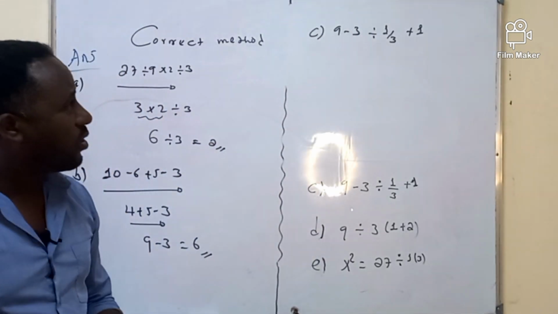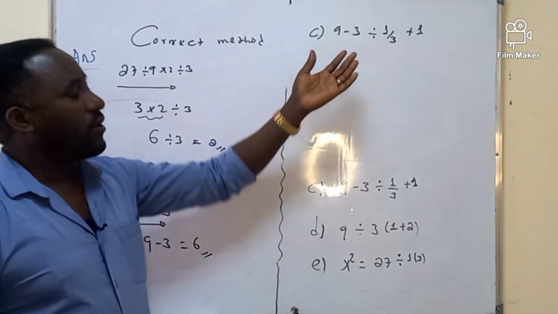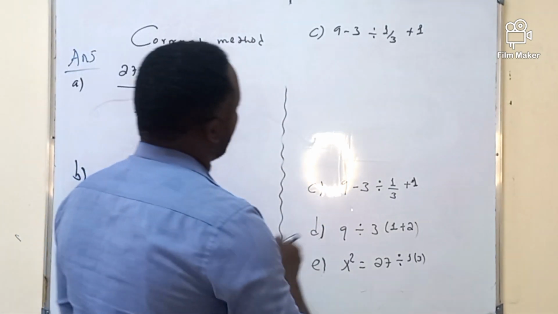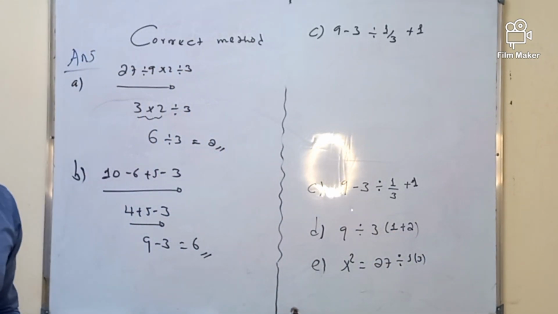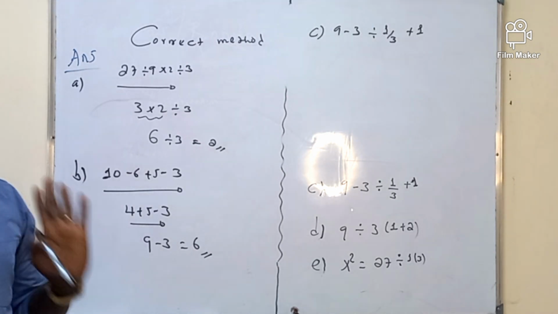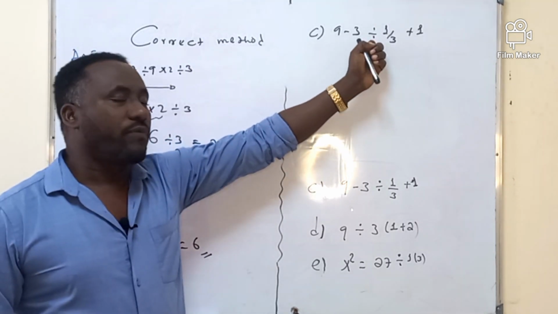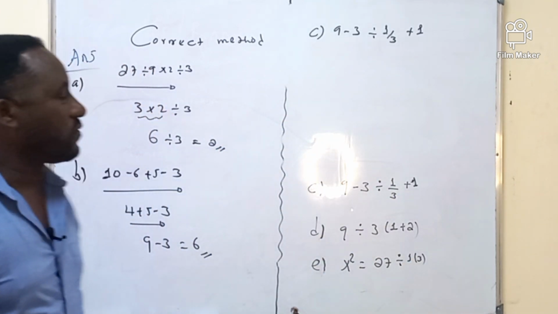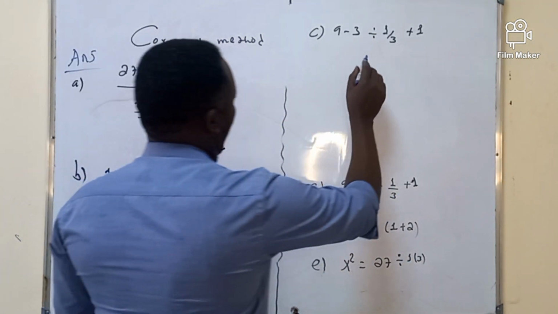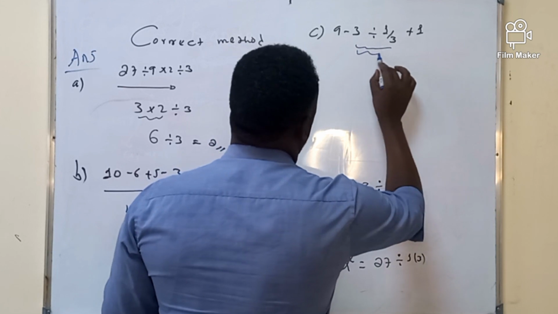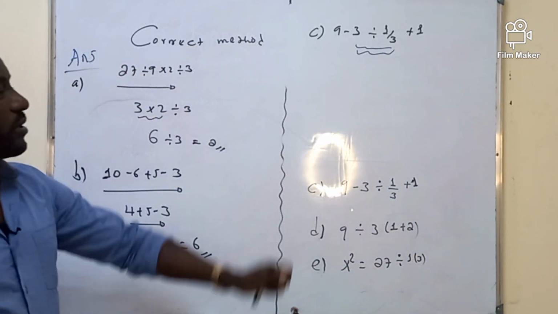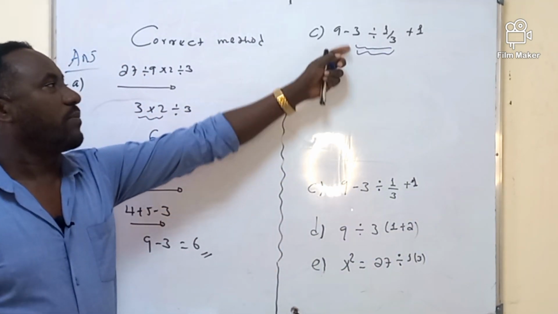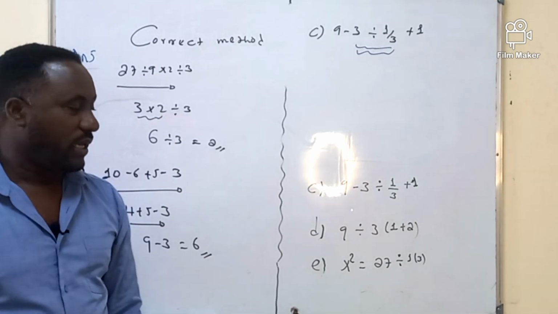When we solve this problem, first you know that you have to apply the principle of BODMAS. That means division must be done first in this problem. But when we are doing the division at the very beginning, what does 3 divided by 1 over 3 mean?